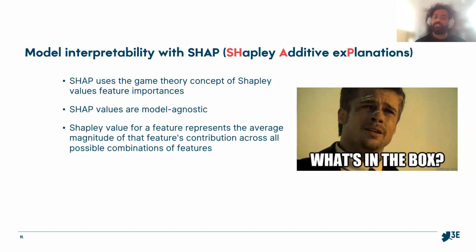It's based on the game theory approach of Shapley values, which I don't know in full detail, but it's based on game theory. Basically, it gives how much importance the given features have in the prediction of the model.